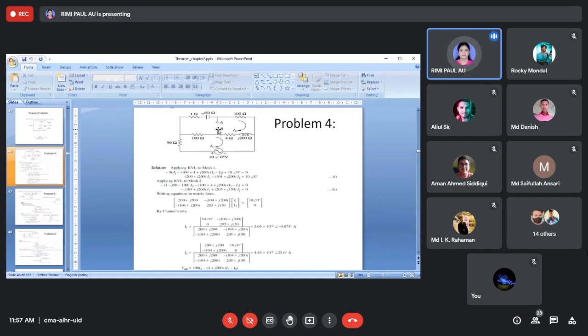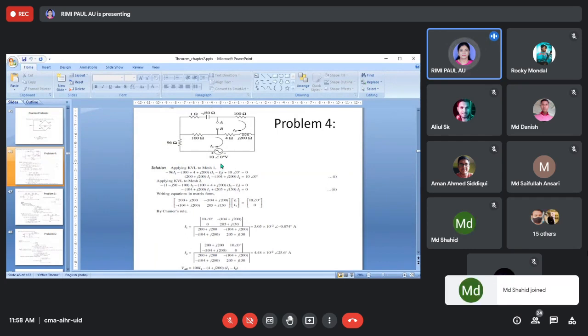So here mesh analysis is done. You can also apply the nodal analysis method, and mesh analysis you know how to solve. So that is written here. Minus 10 angle 0 degree volt plus 96 I1 plus 100 I1 plus (4 plus j200)(I1 minus I2) is equal to 0.